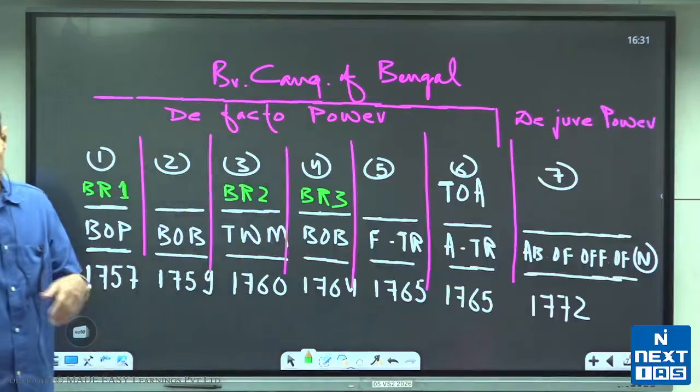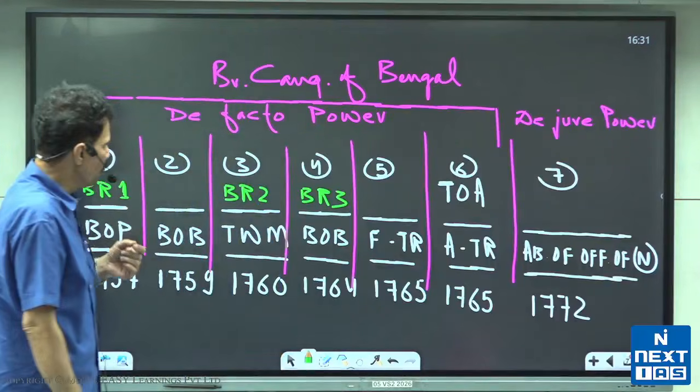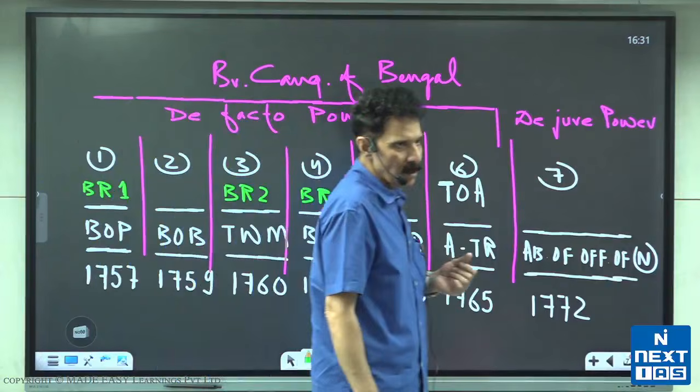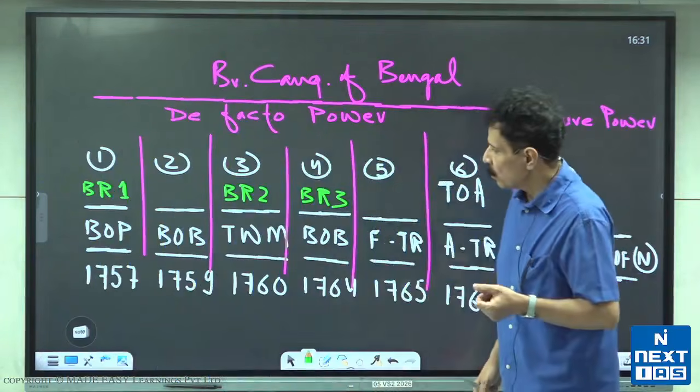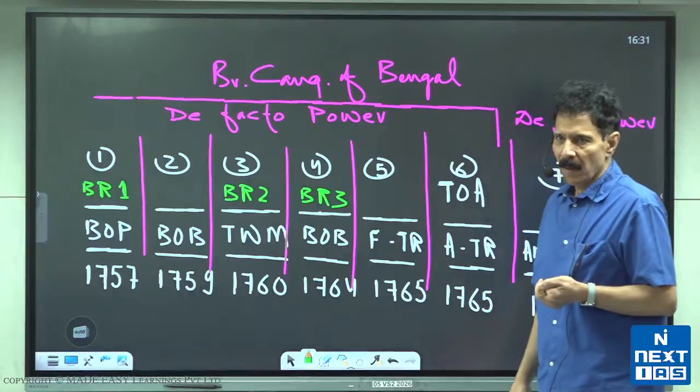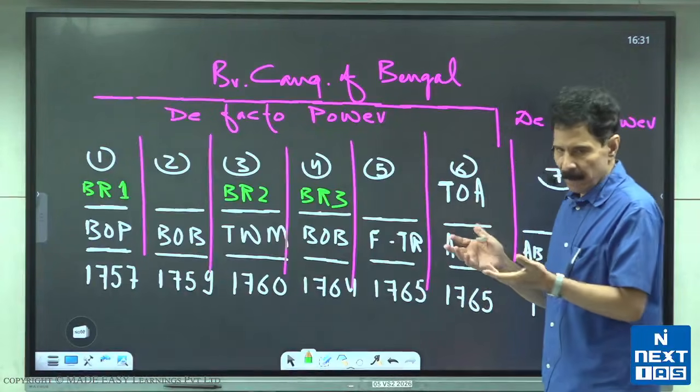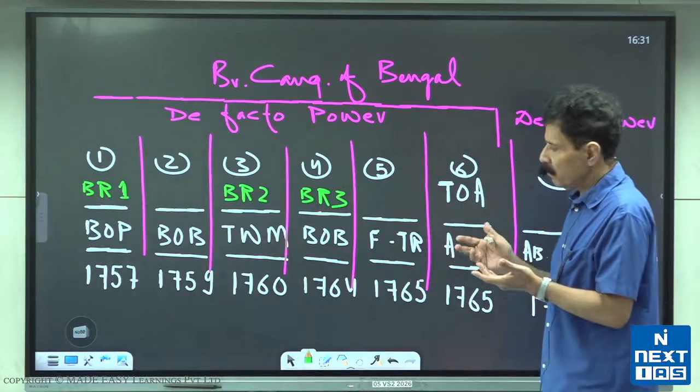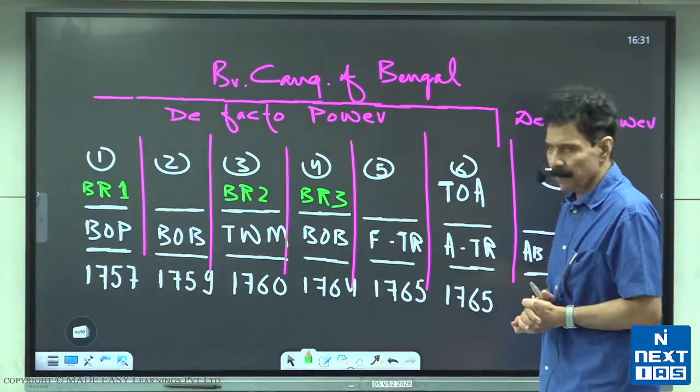So some British administrators and historians have used the term Bengal Revolution. They say Plassey was a revolution, the Treaty with Mir Qasim was a revolution, and victory in Buxar was a revolution.